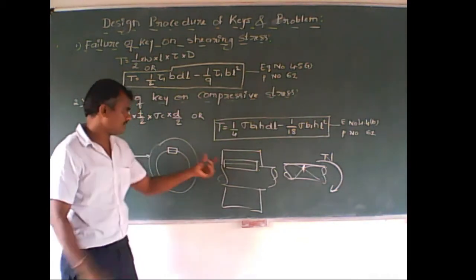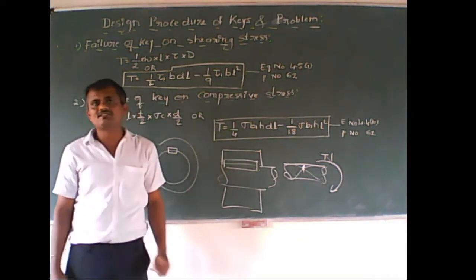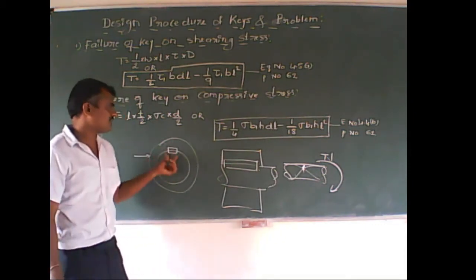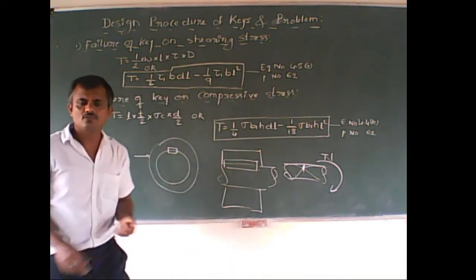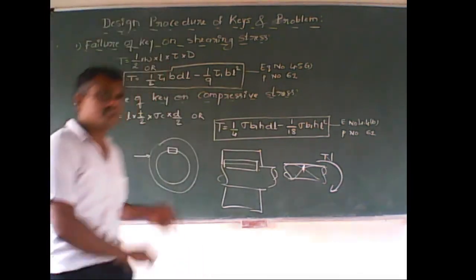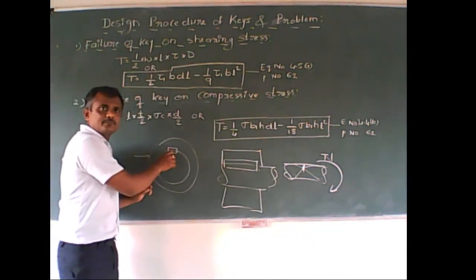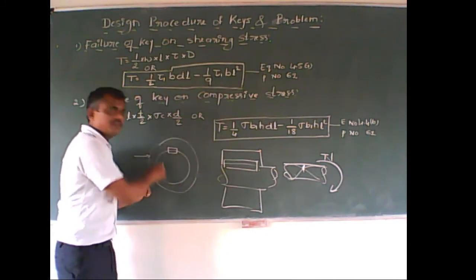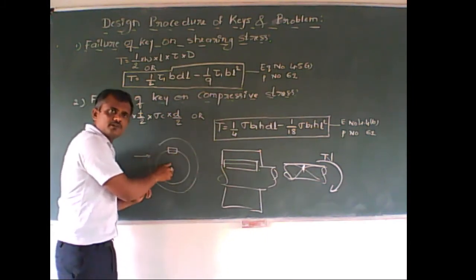This may happen, by looking at the rough sketch I have drawn. If you take this as a front view, here this key is present and it is a body of a muff. This is a shaft body.